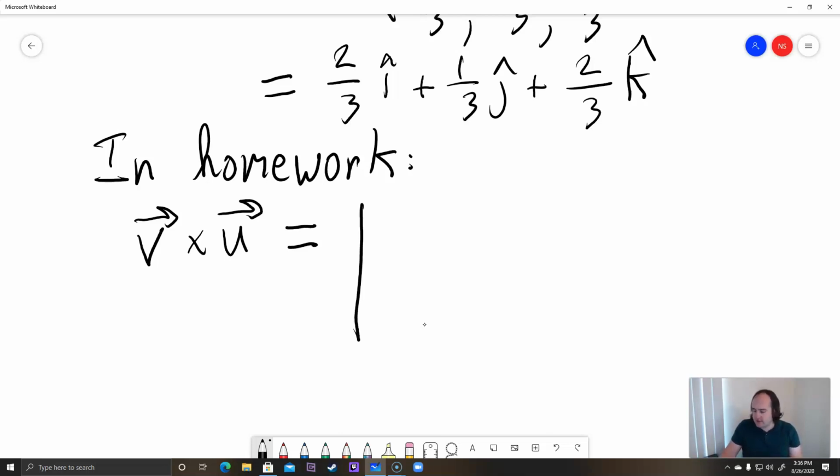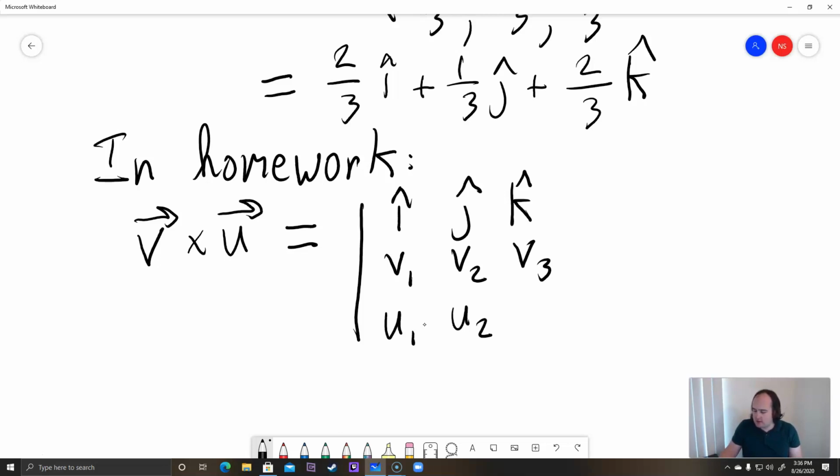So that's going to still be the determinant of the 3 by 3 i, j, k. But the first vector is v, so it's going to be v1, v2, v3 for your second row. And then for your third row, you're going to have u1, u2, u3.